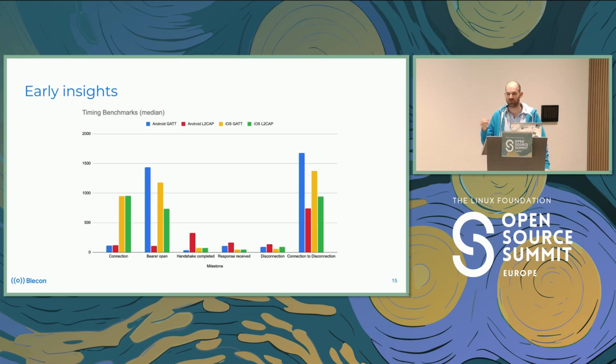And for L2CAP, is my L2CAP channel connected? And we noticed some striking differences with Android. If you're using GATT on Android, it takes a lot of time because Android is discovering everything possible, and that takes a lot of time before you're able to send data. Conversely, with L2CAP on Android, the connection is pretty much instantaneous.